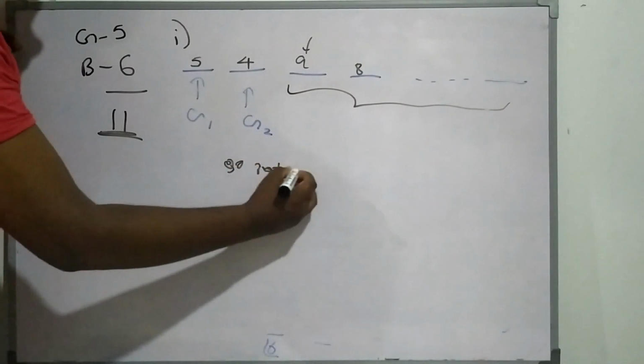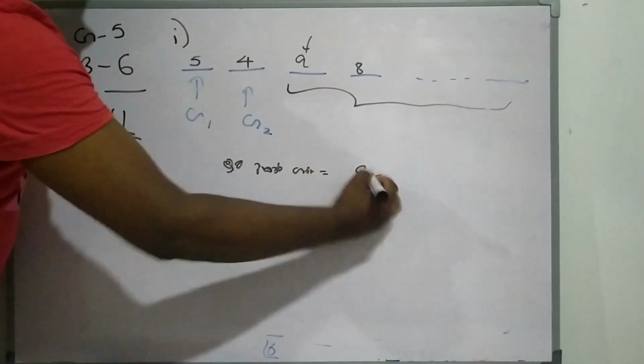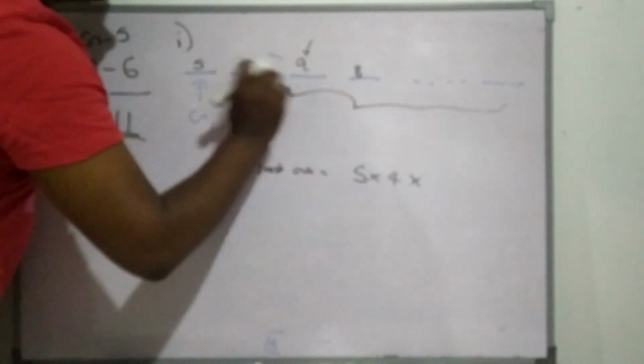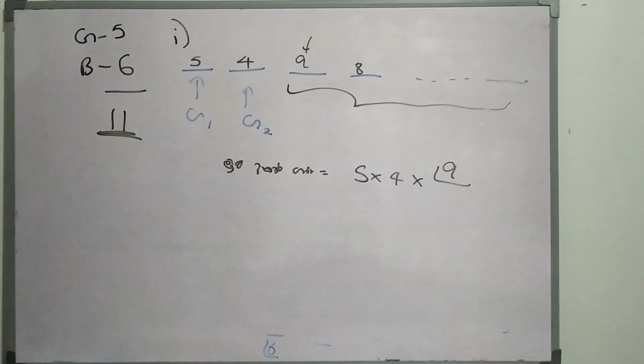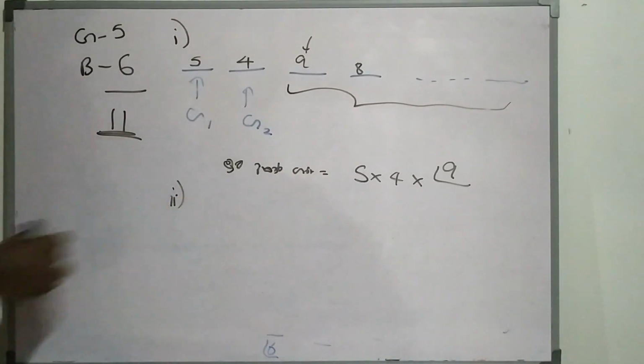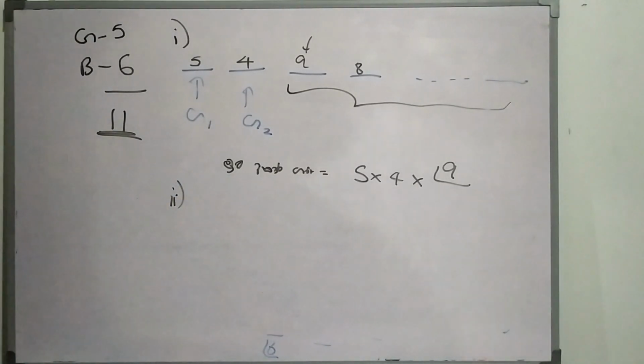The first 2 are girls, it's 5 into 4, and the others are 9 factorial, because the others can be interchanged. But the 2 girls are in the corner, no?